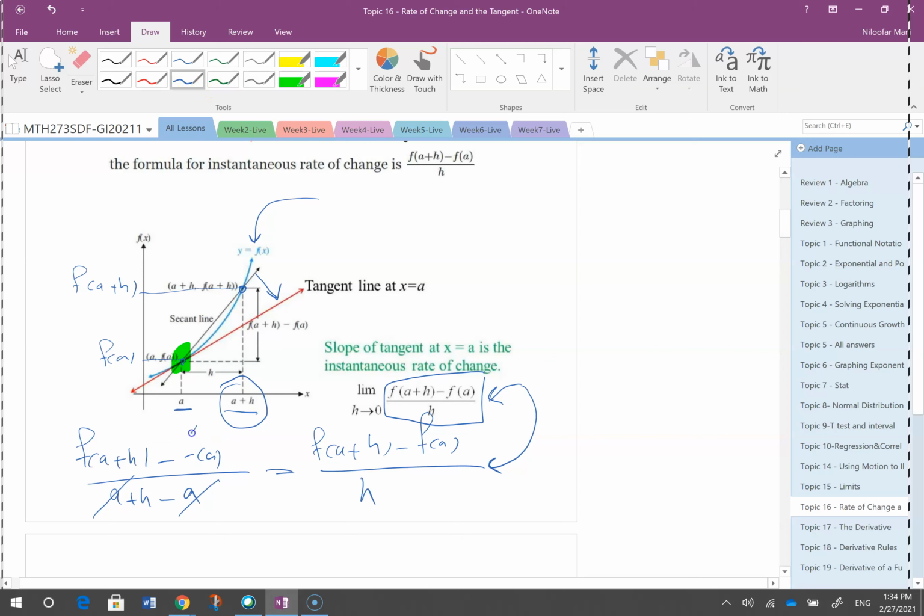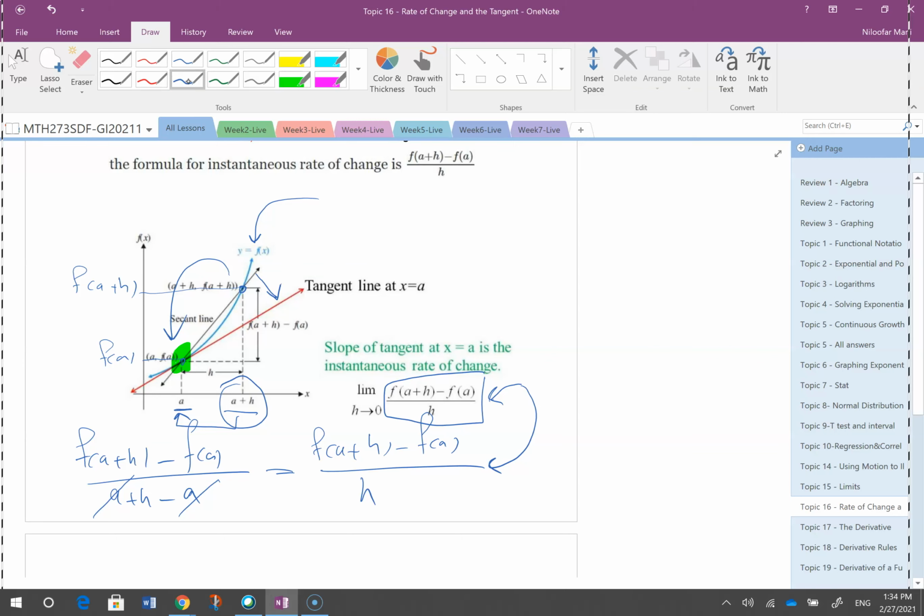This approaches that, this approaches that, the black line approaches the red line. So if I find the limit when this approaches, then I can say, oh, I found a slope of tangent line. So for a slope of tangent line, I need to know limit, because I just have one point.